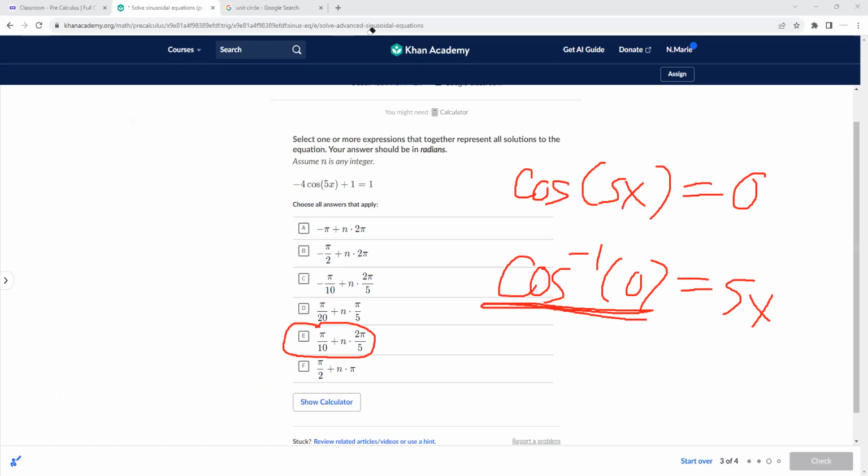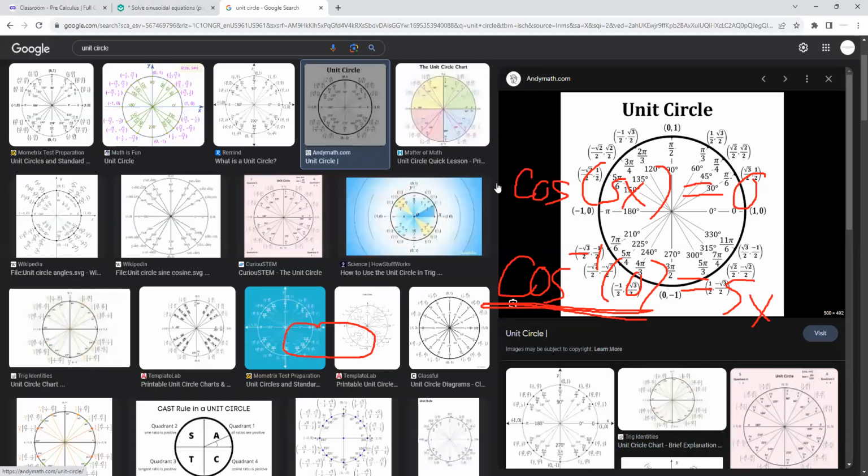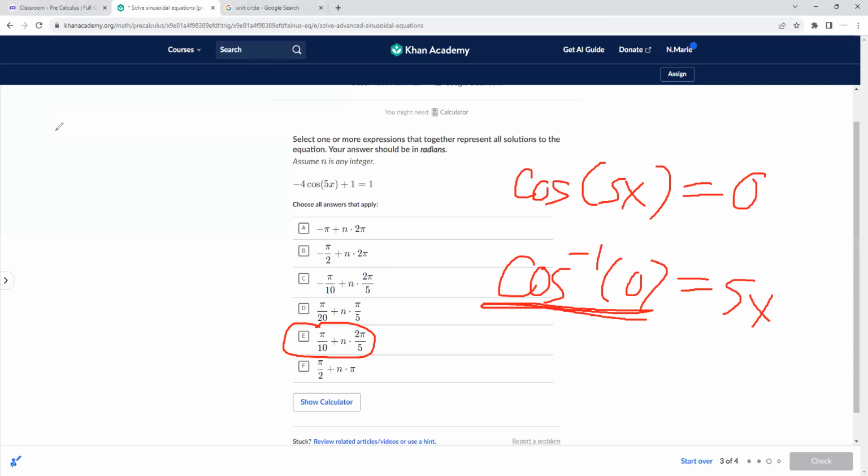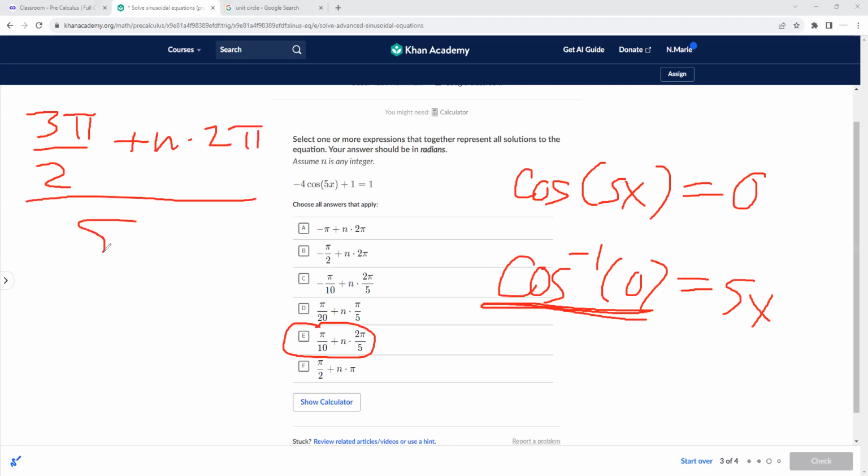And so at the unit circle, 3 pi over 2 plus n times 2 pi. Divide all of this by 5. Well, 3 pi over 2 divided by 5 gets you 3 pi over 10, and that would also be 2 pi over 5.